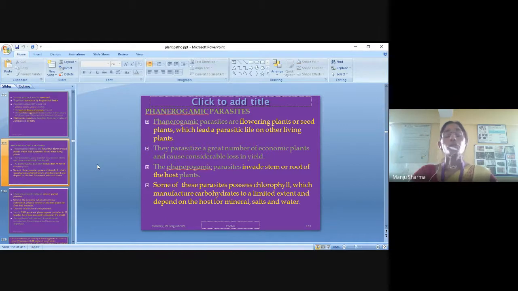After that, phanerogamic parasites. Phanerogamic parasites are flowering plants or seed plants which lead a parasitic life on other living plants. They parasitize a great number of economic plants and cause considerable loss in yield.